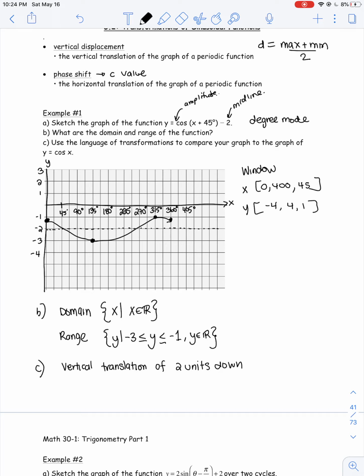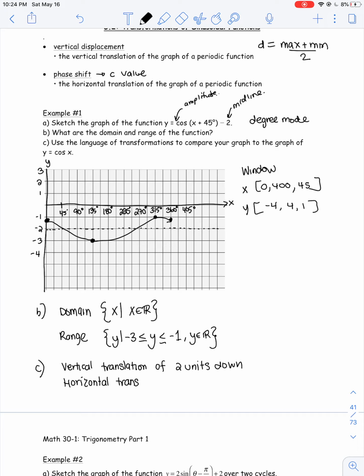So that's why normally we would have that midline being at 0, but now it's gone 2 units down to -2. And then we also have a horizontal translation.